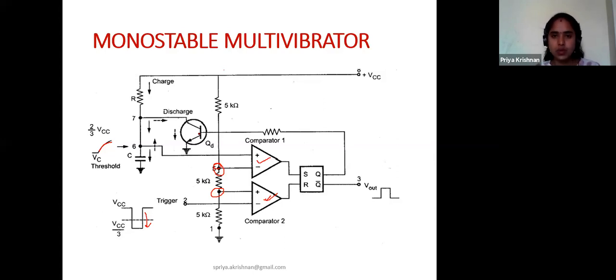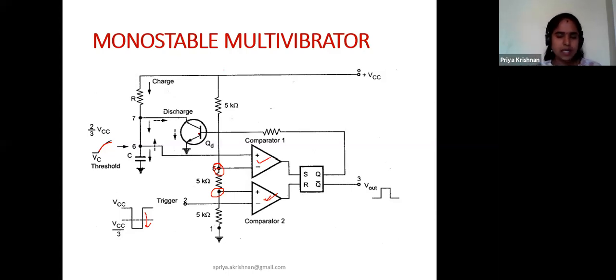If Q is 0, the transistor goes to off state and the capacitor starts to charge, only up to 2 by 3 VCC. After that, again comparator 1 comes into the picture and it released the set signal.